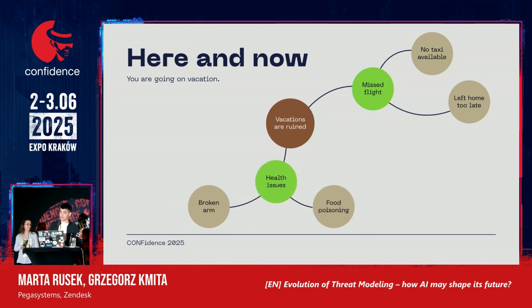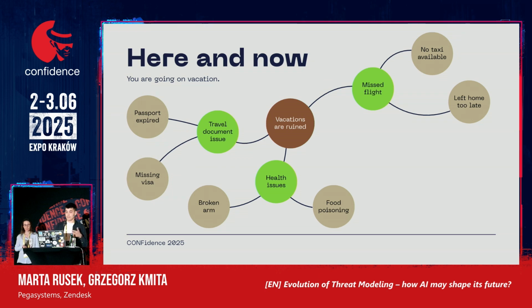Maybe you will have health issues during your trip, so you can break your arm or you can get food poisoning. So you learn what are the medical procedures in the country you're going to. Do you have a valid insurance and stuff like that? Maybe you will have your travel document expired.